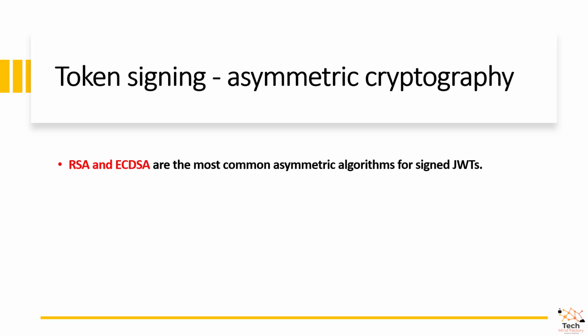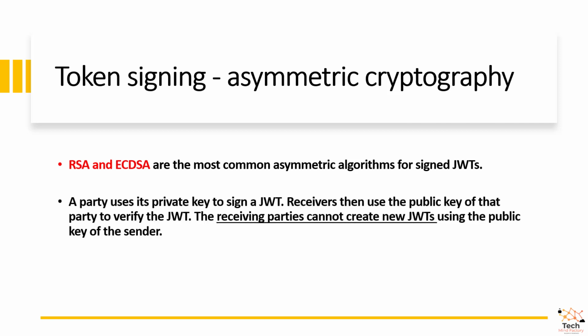On the other side, there is asymmetric cryptography. RSA and ECDSA algorithms are the most common asymmetric algorithms for signed JWT tokens. A party uses its private key to sign a JWT token, and receivers then use the public key of that party to verify the JWT token.